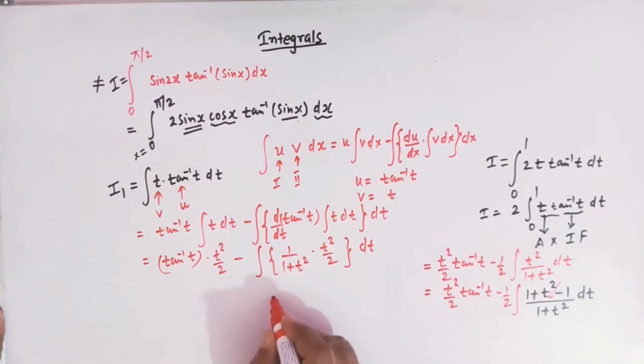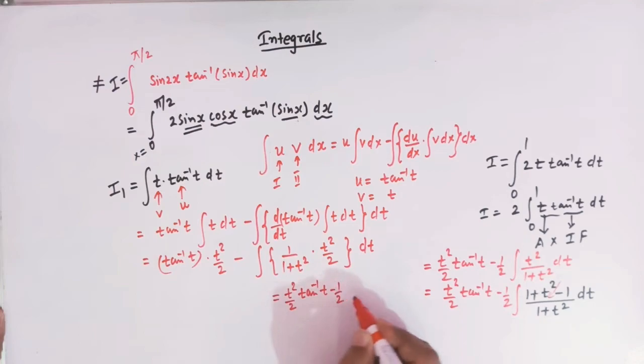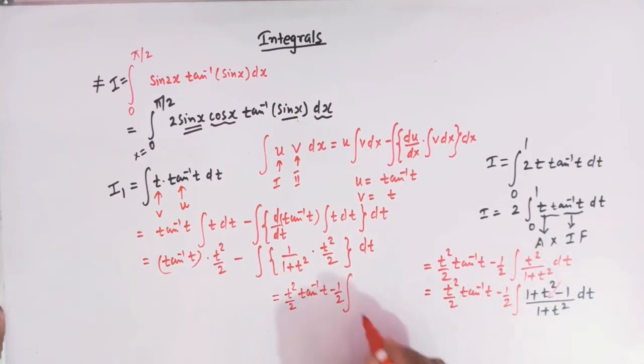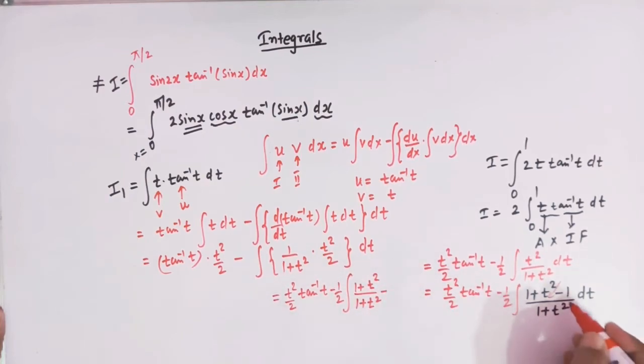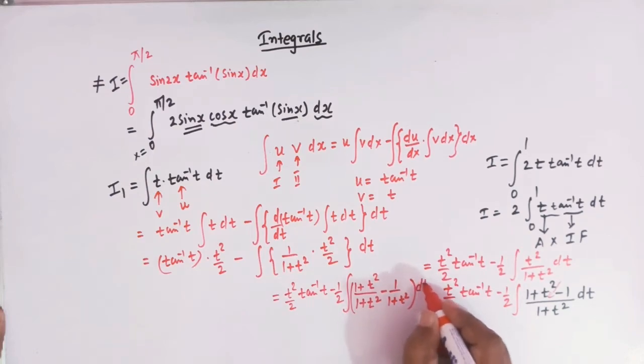We'll have t square over 2 tan inverse t minus half, and the integral, and when we break this integral as a sum of two integrals, we have 1 plus t square over 1 plus t square minus 1 over 1 plus t square, dt, right?